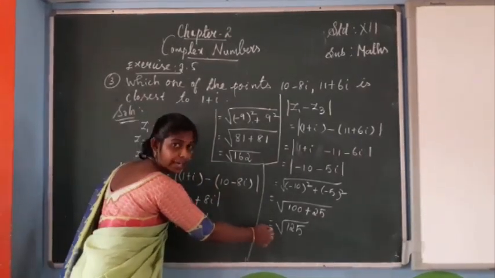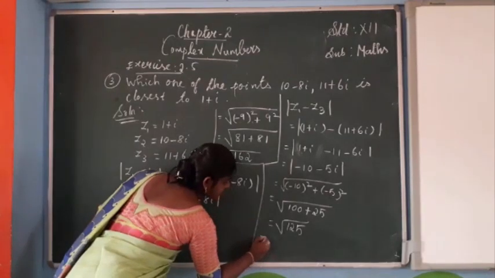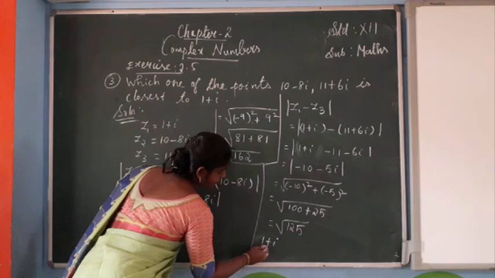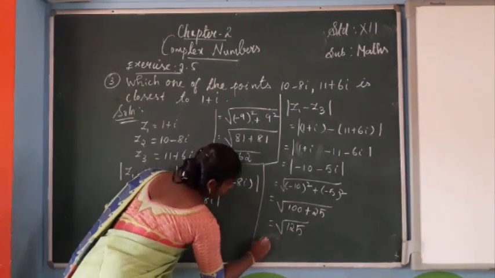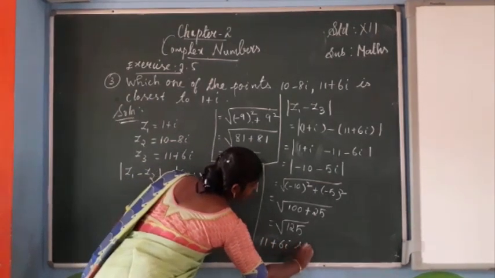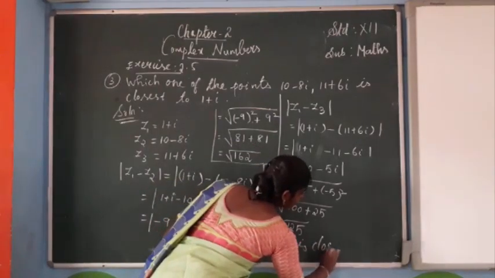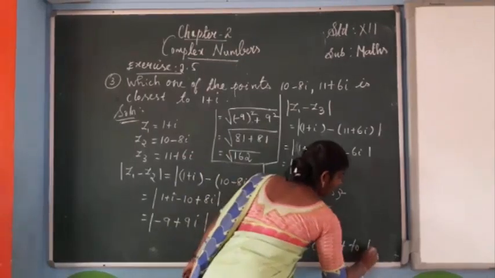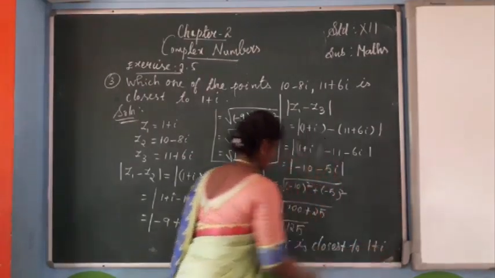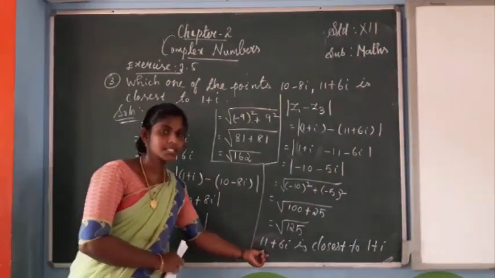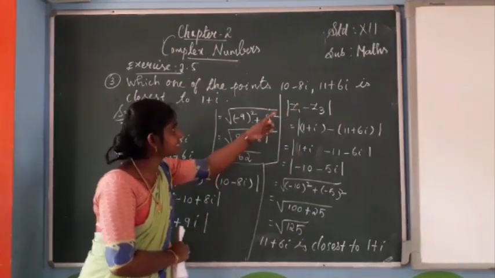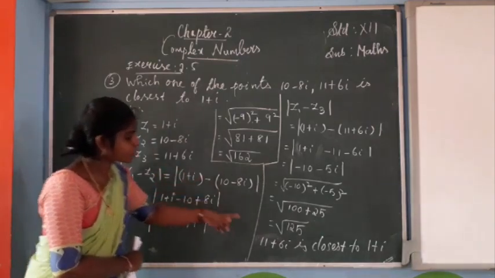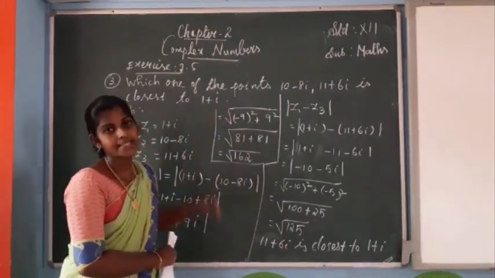So we can write that 11 plus 6i is closest to 1 plus i. This is the answer. While writing, you can write like this: 11 plus 6i, that is the Z3 value. So 11 plus 6i is closest to 1 plus i.